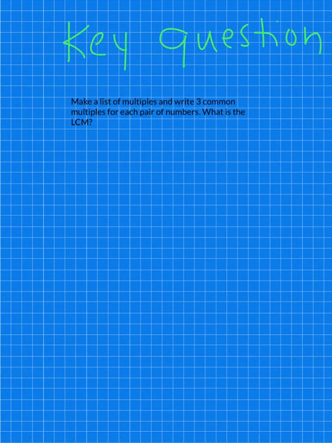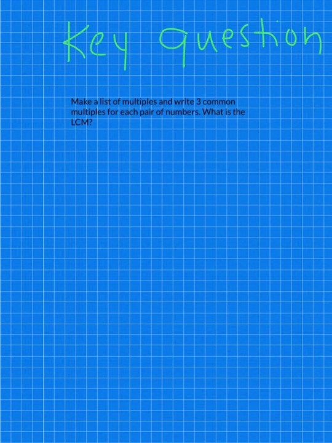So answer this question on a piece of paper with your name, with the date, with the lesson title, which is using multiples. So the question is, make a list of multiples and write three common multiples for each pair of numbers, and what is the LCM, the lowest common multiple. So again, I did this example already in the video.